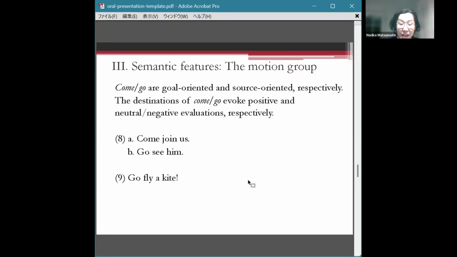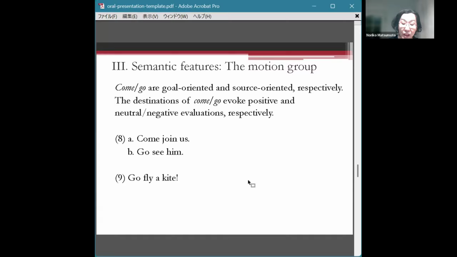The come-be sequence in 8a retains friendly motives as pragmatic purposes or pragmatic effects. However, the go-be sequence in 8b serves contextually neutral practices, and the go-be sequence in 9 retains negative motives as pragmatic purposes or pragmatic effects.